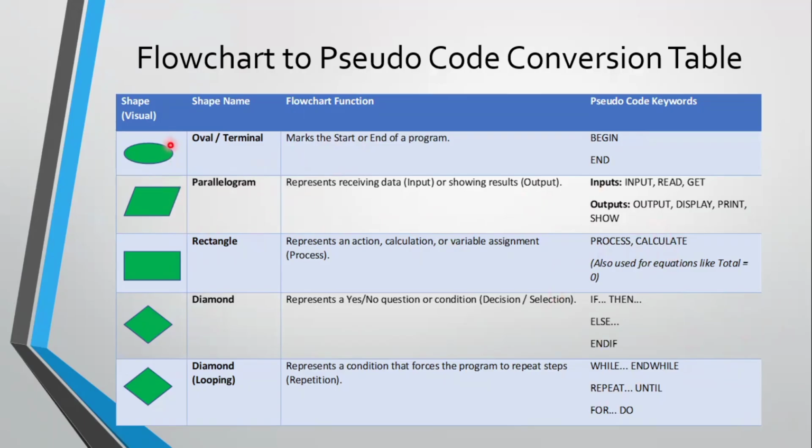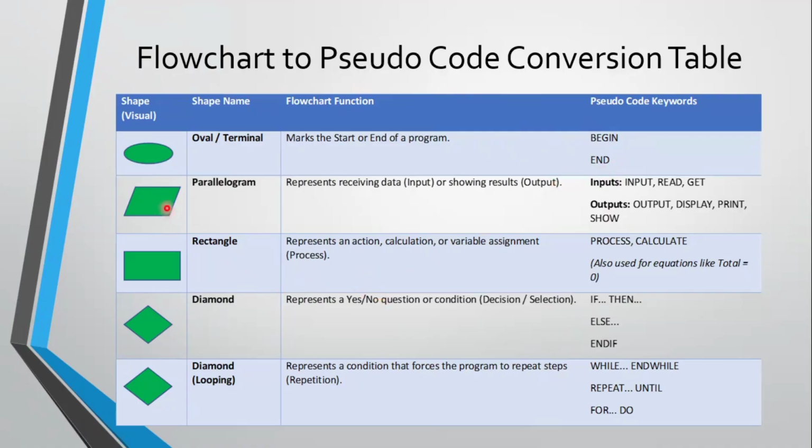Oval shape: the oval always represents the boundaries of our program. When you see an oval at the top, you write begin. When you see the oval at the very bottom, you write end. It tells the computer exactly where the instructions start and where they stop.